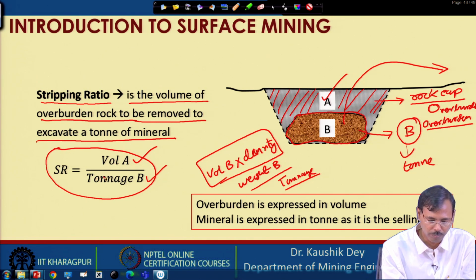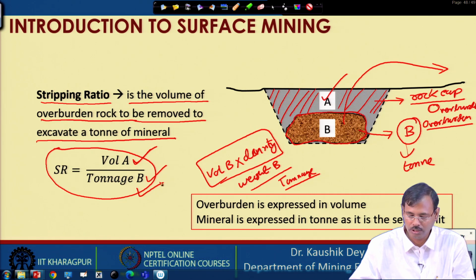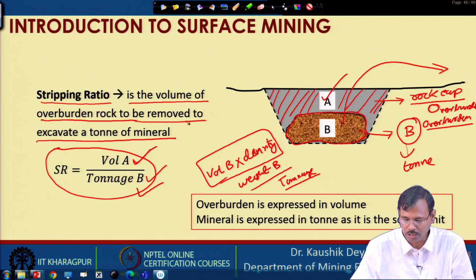So, the stripping ratio is the volume of overburden divided by the tonnage of ore. In other words, to get 1 ton of material, how much volume of overburden has to be removed, that is called stripping ratio. Okay.